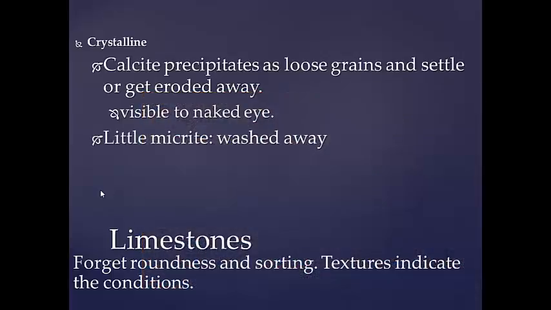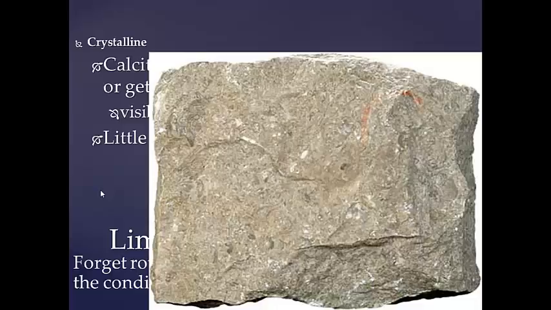Sweet. There's very little micrite in a crystalline limestone because it's been washed away. These calcite grains are large, so they can be deposited in higher energy environments. This is a pretty decent crystalline limestone. The gray, that's calcite. The tan, calcite. The white, yep, you guessed it.